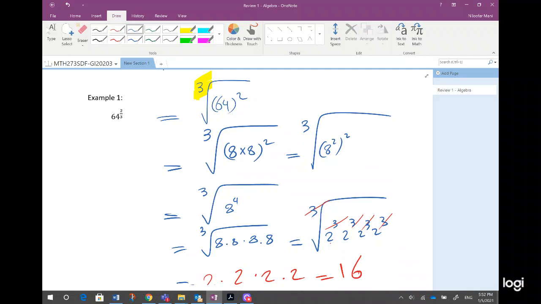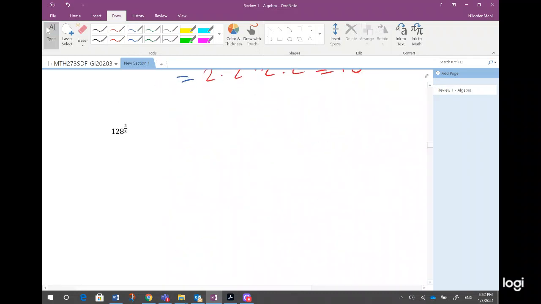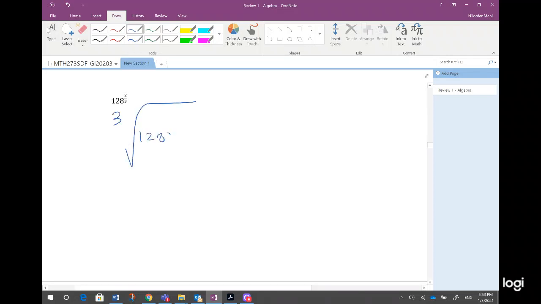If not, it doesn't matter, use your calculator. Calculator gives you the answer. For example, how about this one? Let me show you. This is the cube root of 128 power 2.